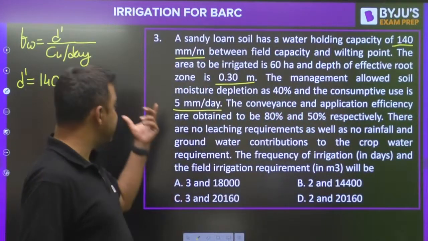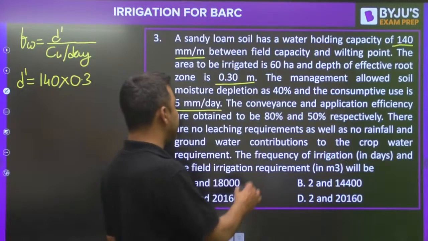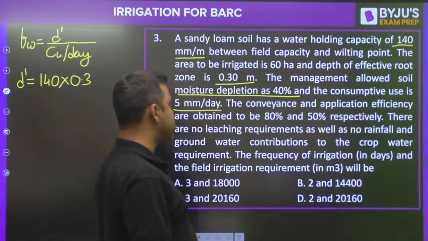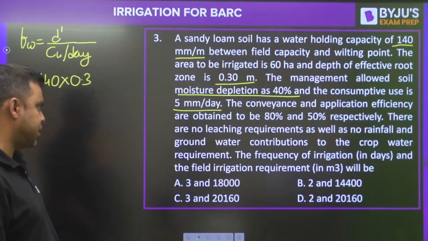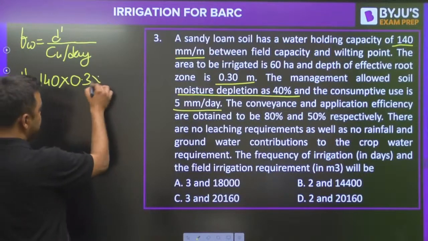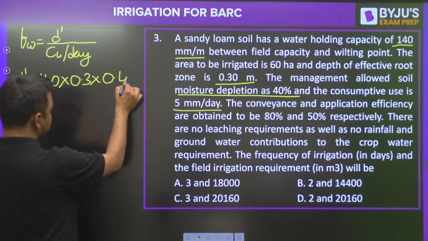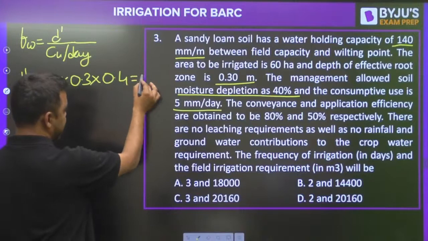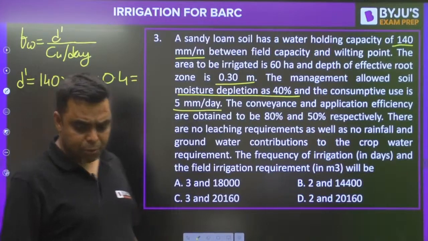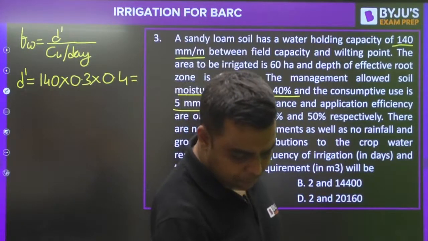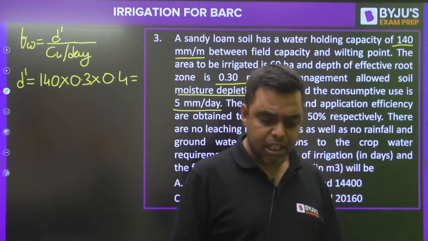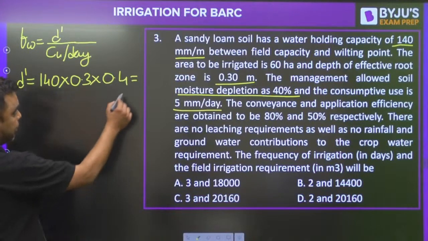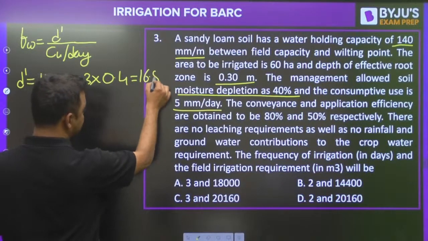Now out of this available water, how much water is allowed to be consumed? Management allowed soil moisture depletion as 40%. So 40% of it is allowed to be consumed. So how much is the value of D dash? Is it coming as 16.8 mm?